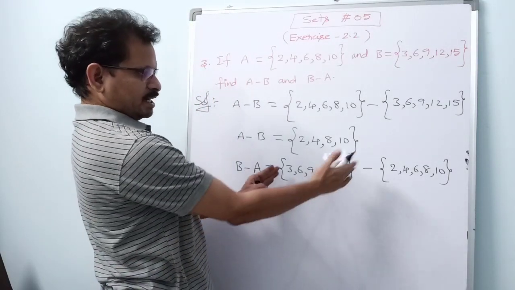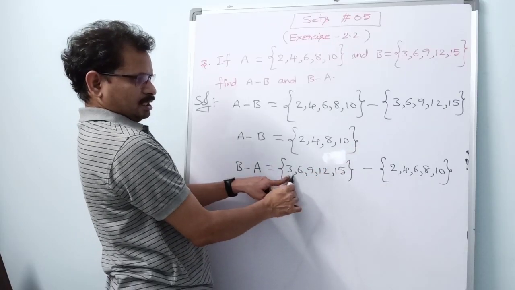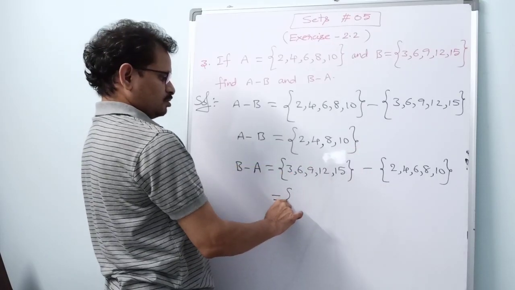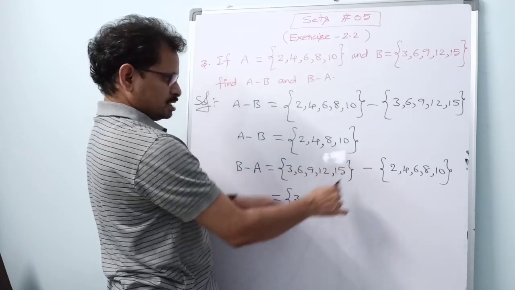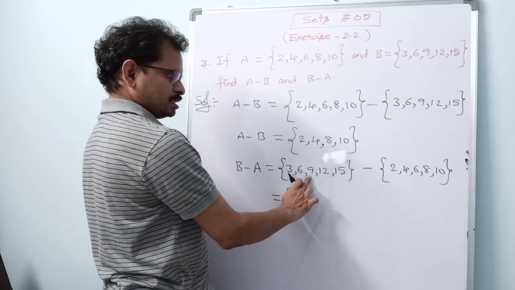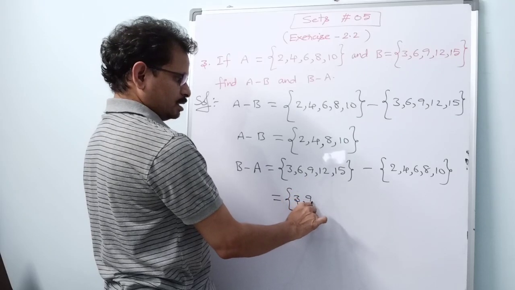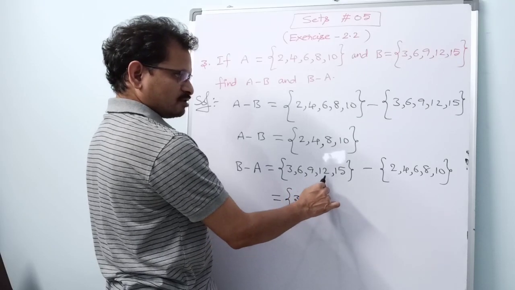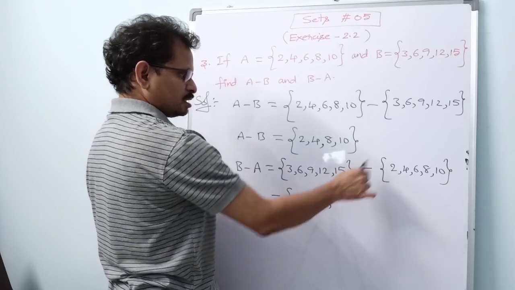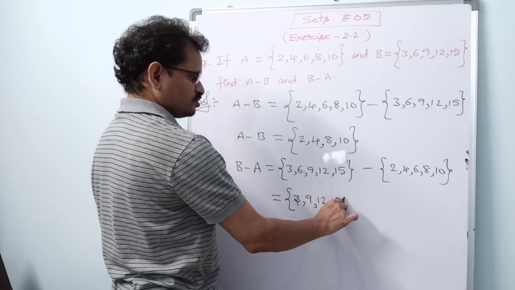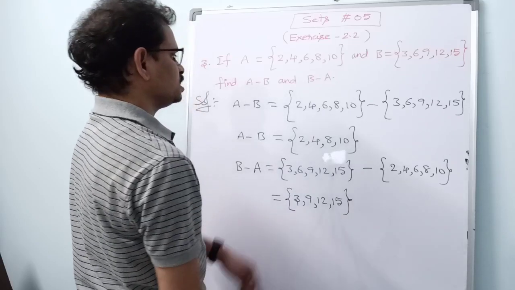Now this set minus that set. 3 is there, 3 is not there in A, so write down 3 here. 6 is there, 6 is there. So remove 6. Here 9, write down 9. Here 12 is there, it is not there in A, write down 12. Here 15 is there, it is not there, so this is 15. So this is B minus A.